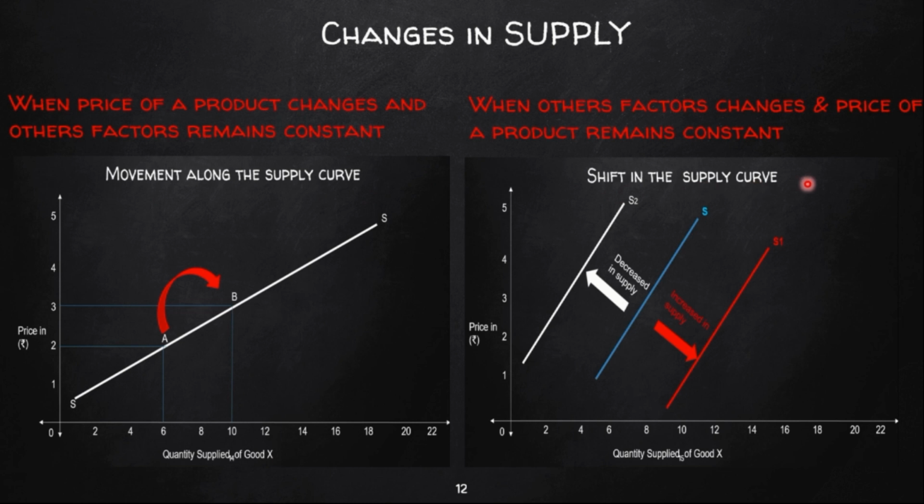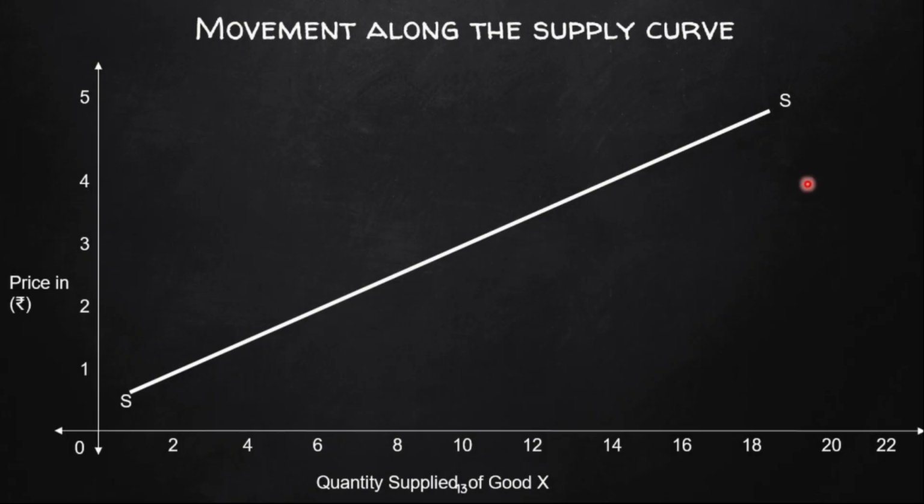Let us try to understand one by one. Suppose that there is a change in the price, due to which the supply of the commodity will also change. In this diagram, we have shown the individual supply curve, that is SS. When the price of a commodity is rupees 2, 6 units of commodity X are supplied. When the price of the commodity increases to rupees 3, 10 units of commodity X are supplied.